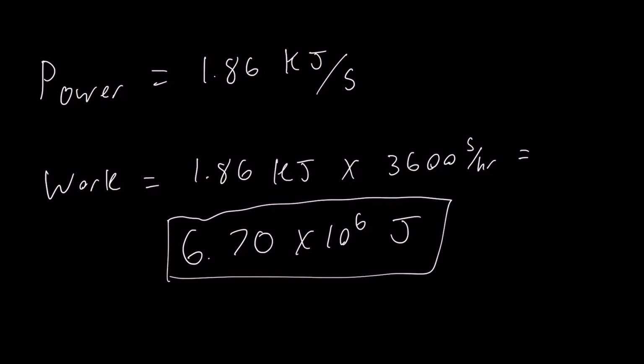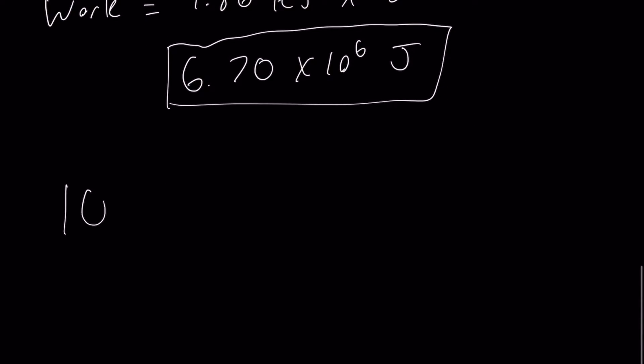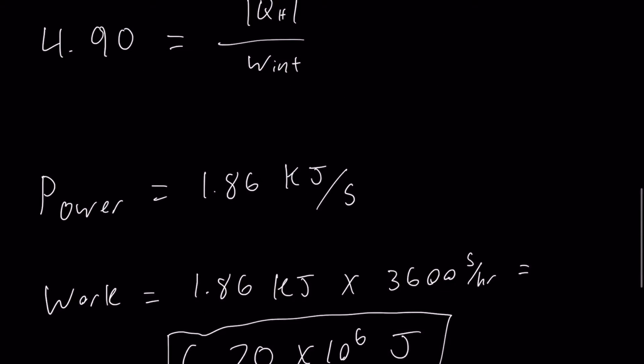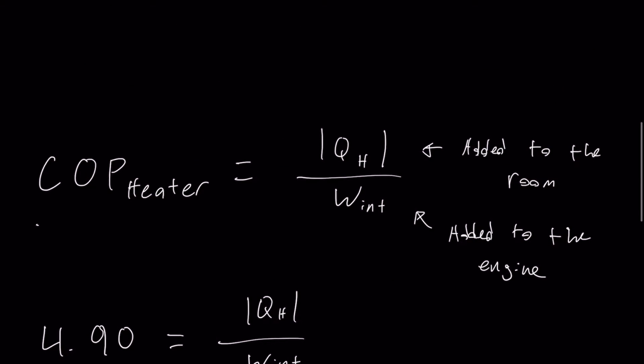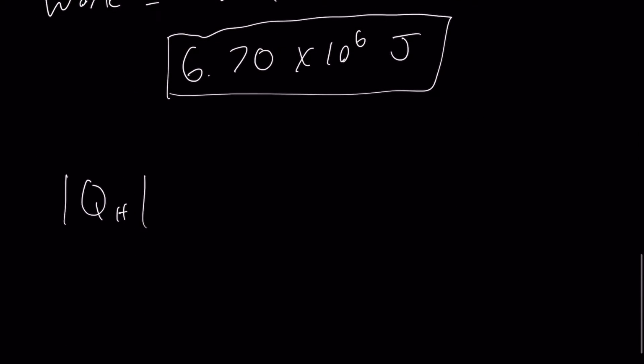So if we know how much energy we entered into the engine, how do we calculate the amount of energy entered into the room? Well, that's just the heat that we added to the room. That's how much energy enters the room. And from this formula up here, the coefficient of performance for the heater equals the heat added to the room over the work added to the engine. We can solve for that just by multiplying by work on both sides, right?